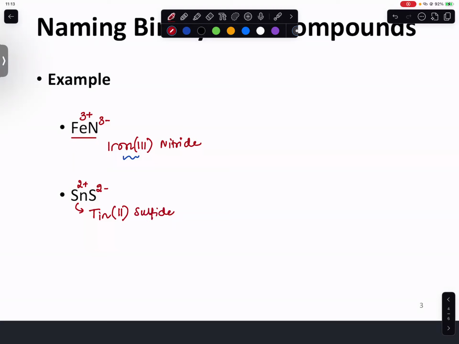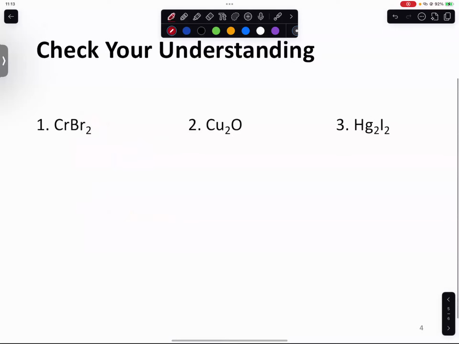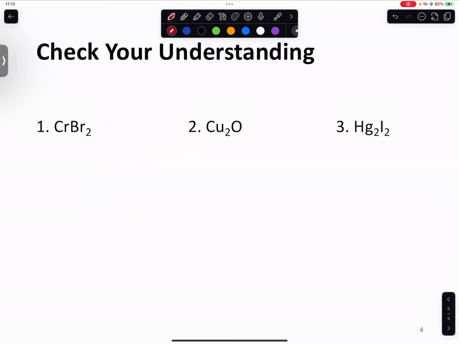Now, on the next slide, I want you to pause your video a little bit and try to work out these examples on your own. While you're pausing your video, I'm going to walk you through how to name these ionic compounds. For the first one, we have CrBr2. Cr is chromium.